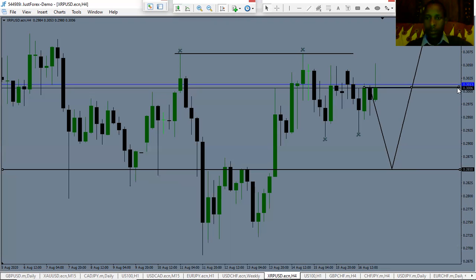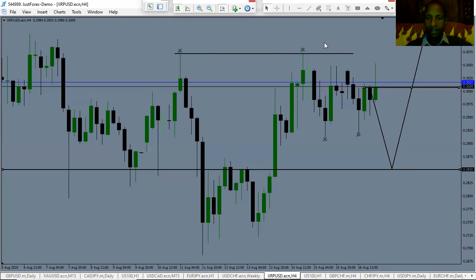So it depends. Sometimes it can start by raiding these highs and come here and trade here at this point, then it begins with the rally.